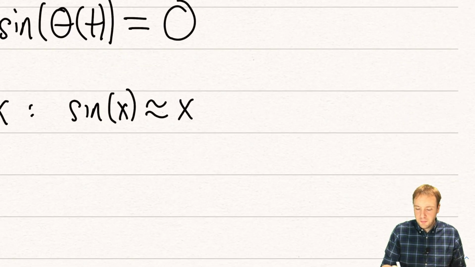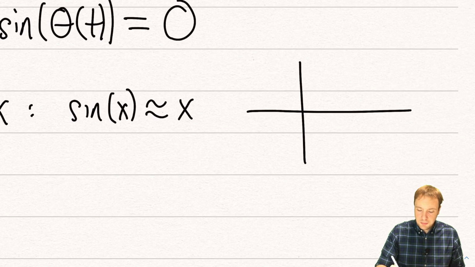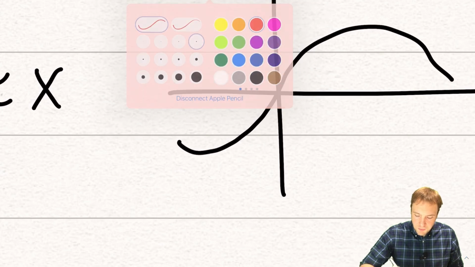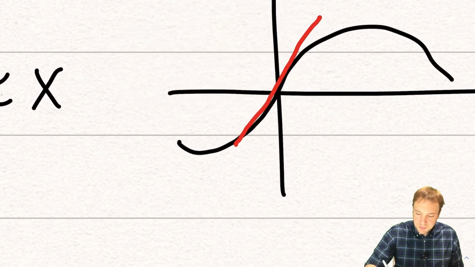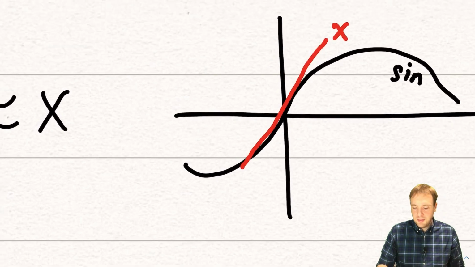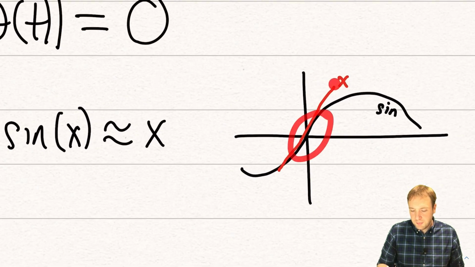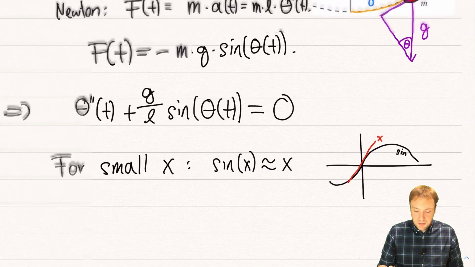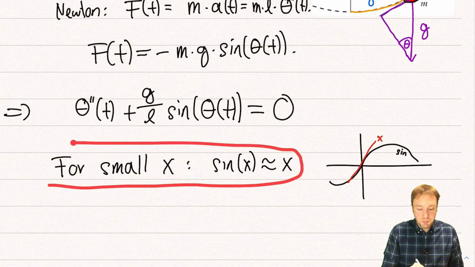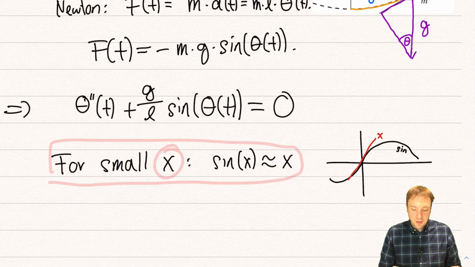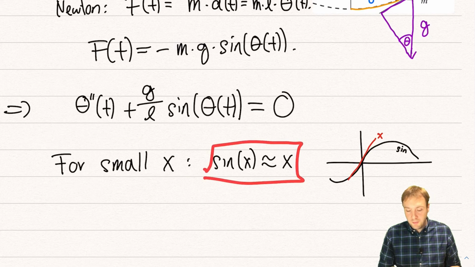If you draw your sine here, near 0, you have the function x, and for small values, this function x is a good approximation for the sine. So in a lot of applications where the numbers you are looking at are small, you can use that the sine of x equals x.